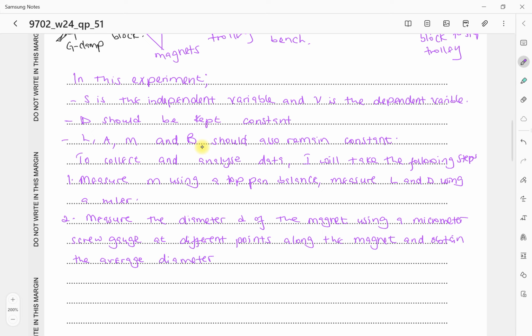So here I have two marks in one point. You're measuring diameter using a micrometer screw gauge, but then you are trying to improve the measurement of diameter by taking different measurements along the magnet and obtaining the average.